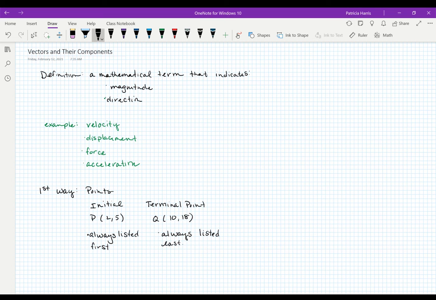Now, sometimes what we do is we take a vector and we move it to an easier position to calculate with.